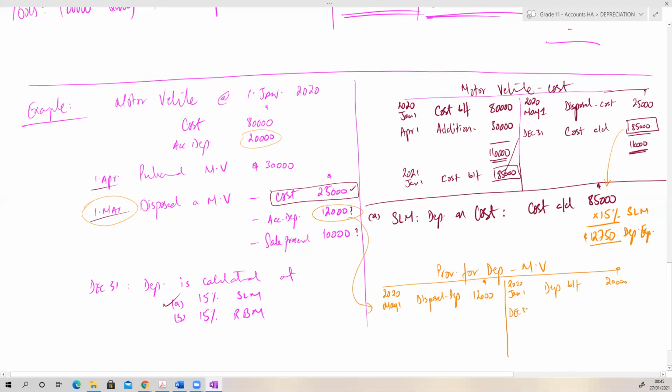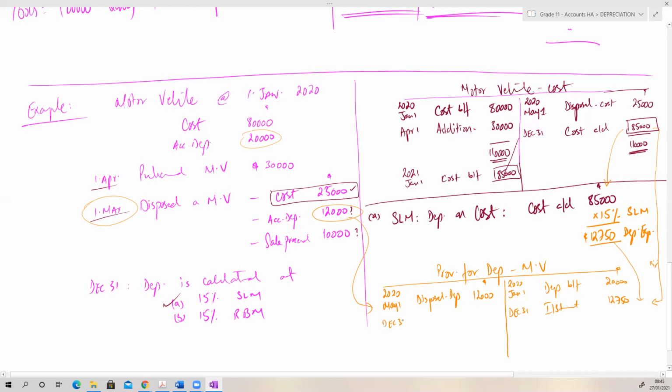And on December 31st, charge to income statement. How much? This is the amount which you calculated, 15% on this, or this value is the same, 12,750.